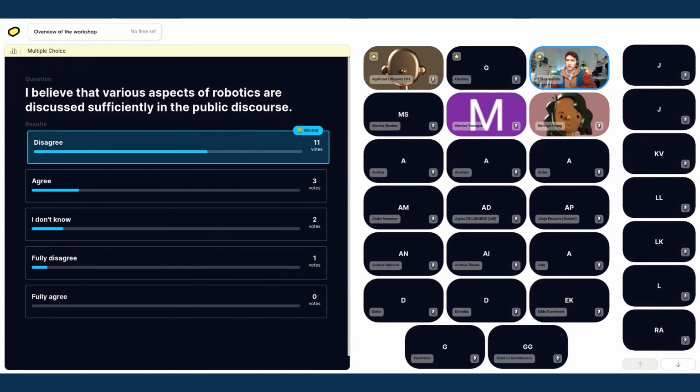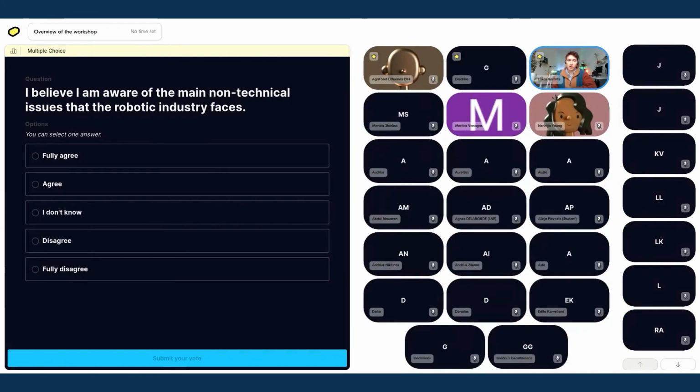Our next question is, I believe I am aware of the non-technical issues the robotics industry faces. So do you think you understand the issues, or do you not understand? Are you aware or not? Let's vote on this one. This is an interesting one on how it all changed during this workshop.